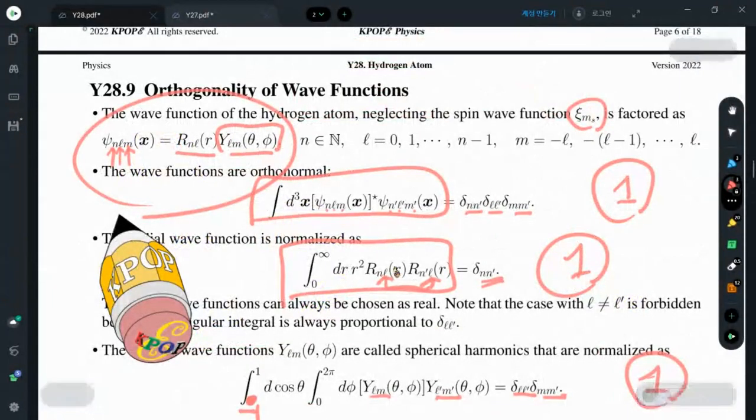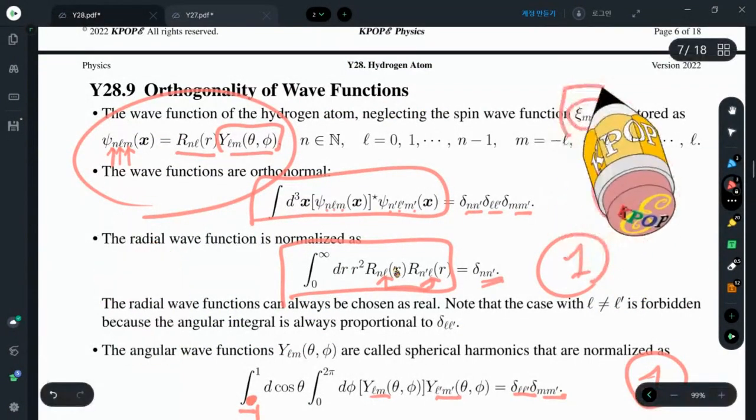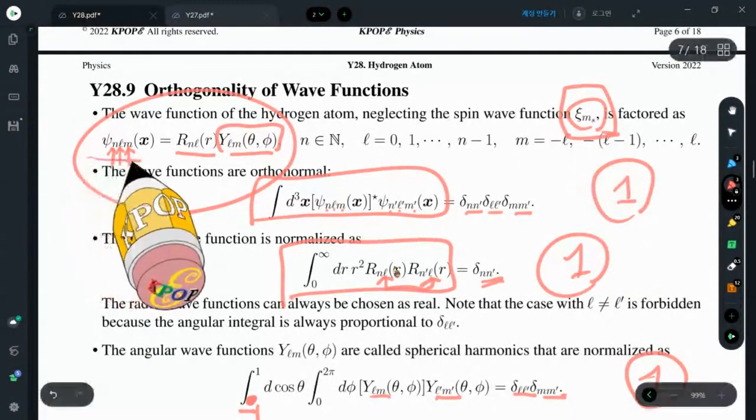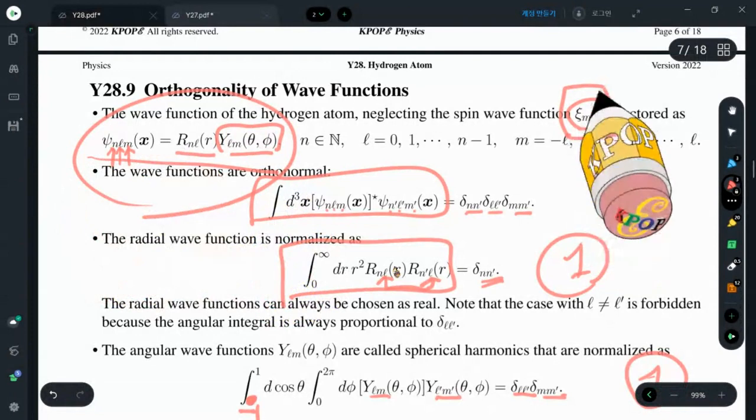He was not able to explain the nature. He made a mistake by a factor of 2. That means there are 2 allowed states for every n, l, m.